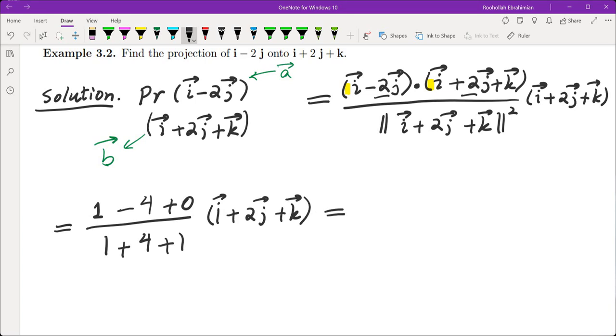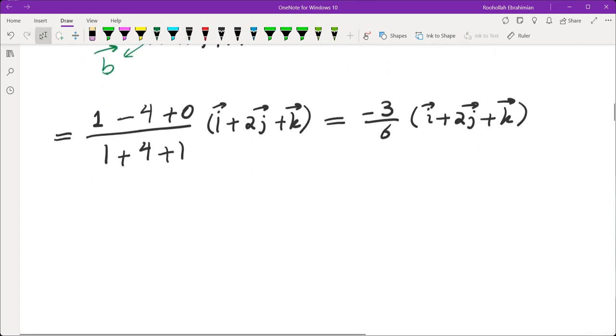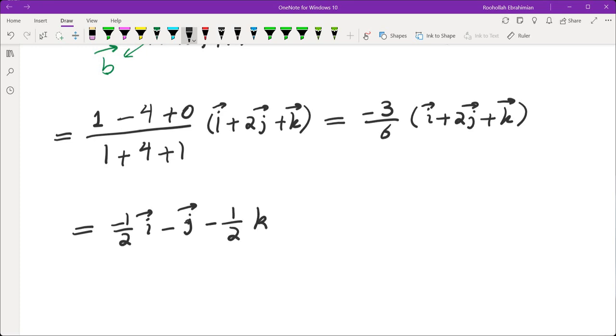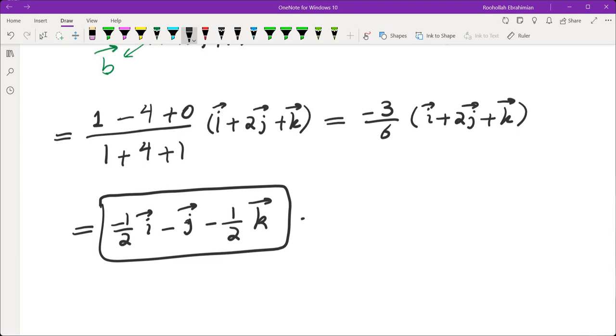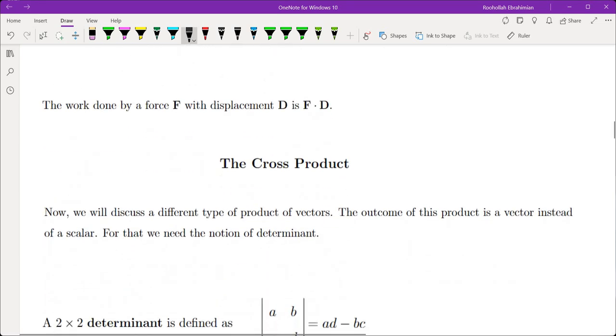To simplify, we get -3 over 6 times i plus 2j plus k, and -3 over 6 is -1/2, so we get -1/2 i, -1 j, because it's -1/2 times 2, and then -1/2 k. So this is the projection of the first vector onto the second vector.